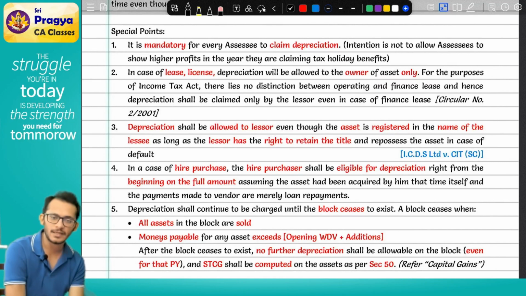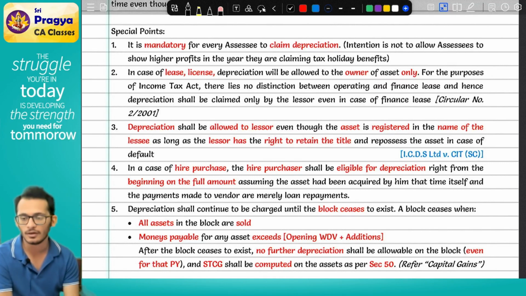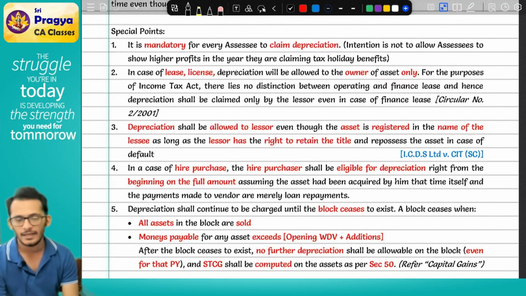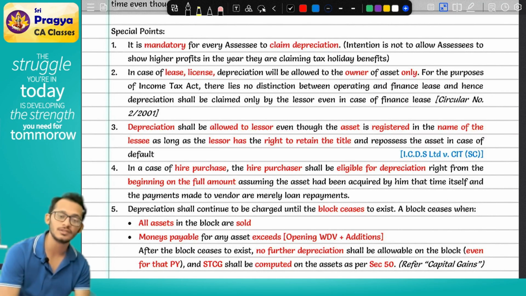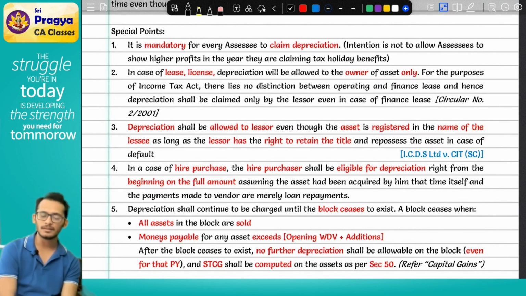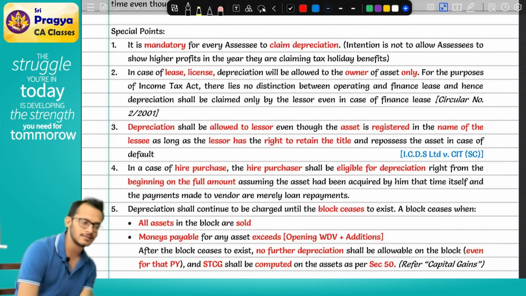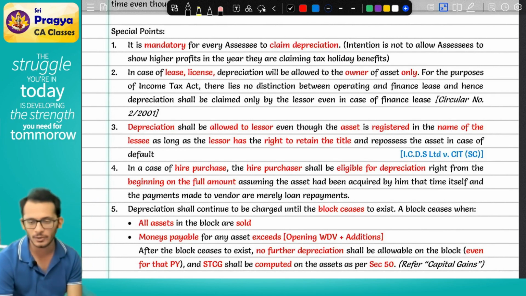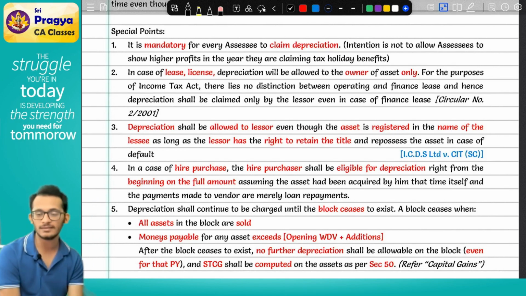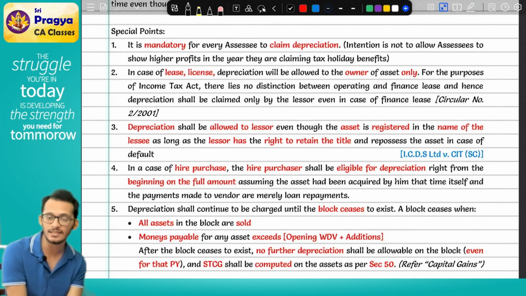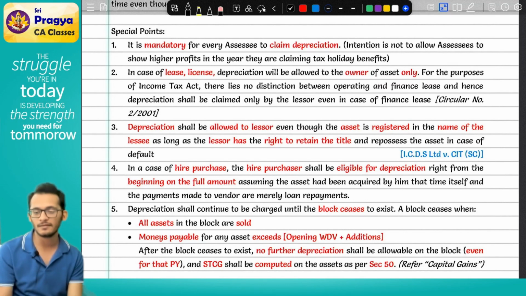Depreciation will only be claimed by the original lessor, unless and until the asset is actually transferred. The date on which the asset is actually transferred, from that date the lessee will claim.